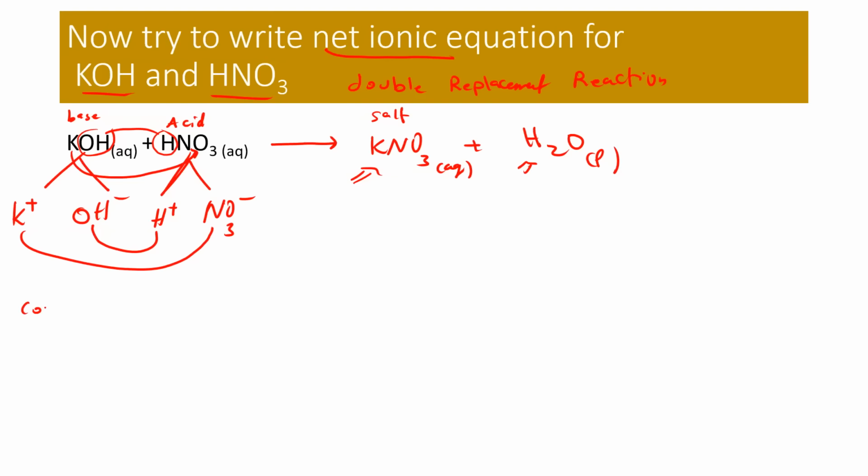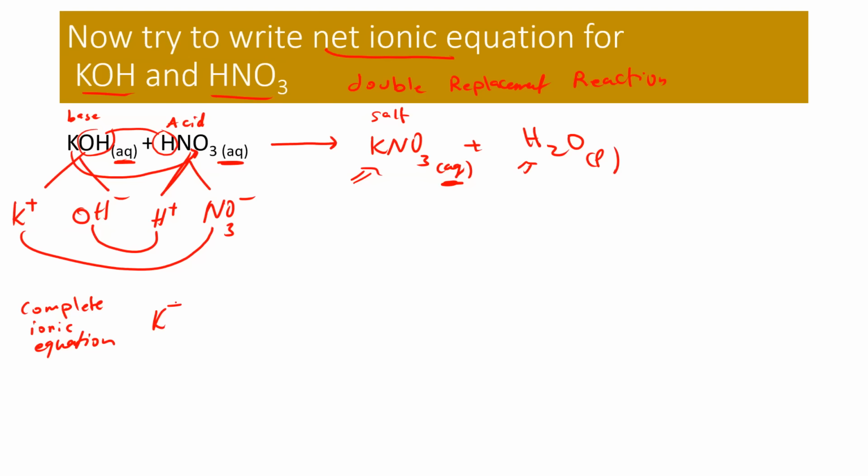Now we have something called the complete ionic equation, where any substance that has AQ we write as positive and negative ions. This is explained in the video I told you about on YouTube, in the lesson on reactions in aqueous solution.